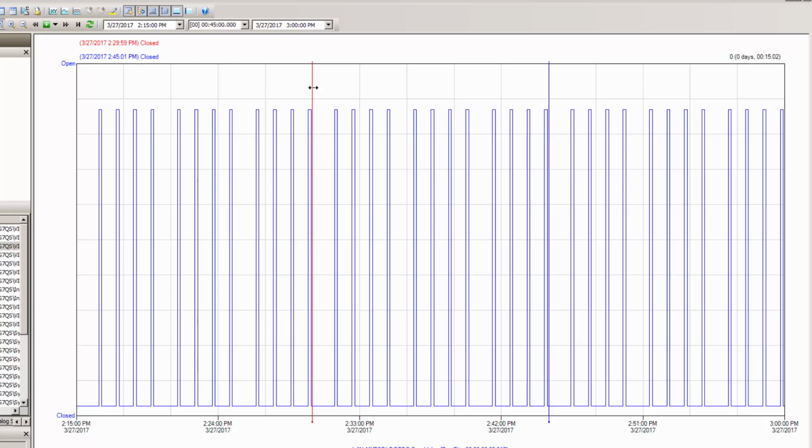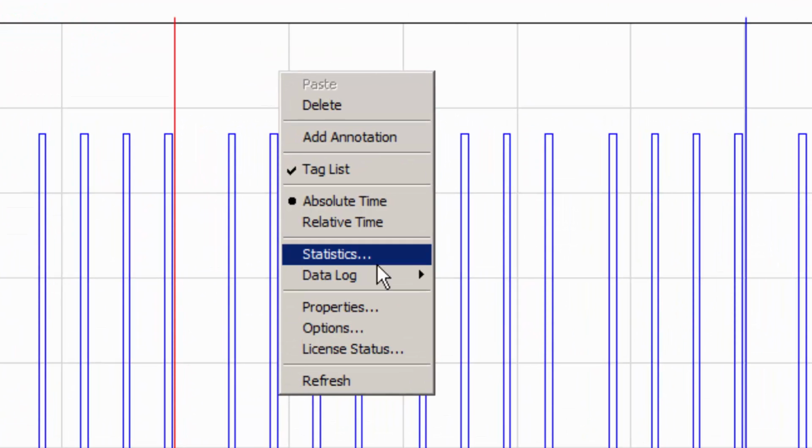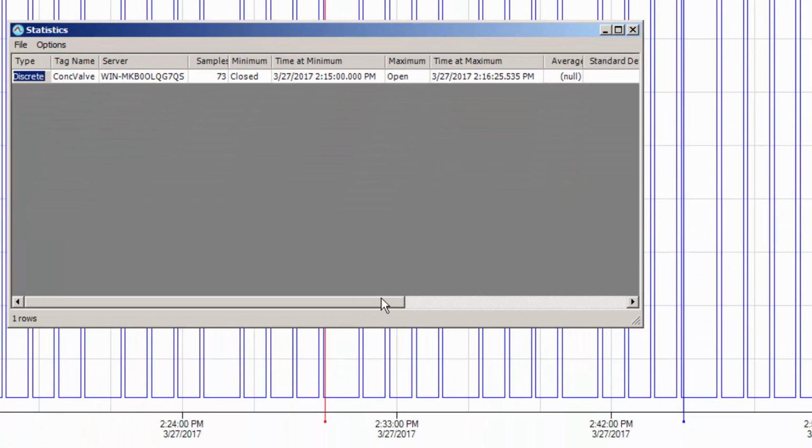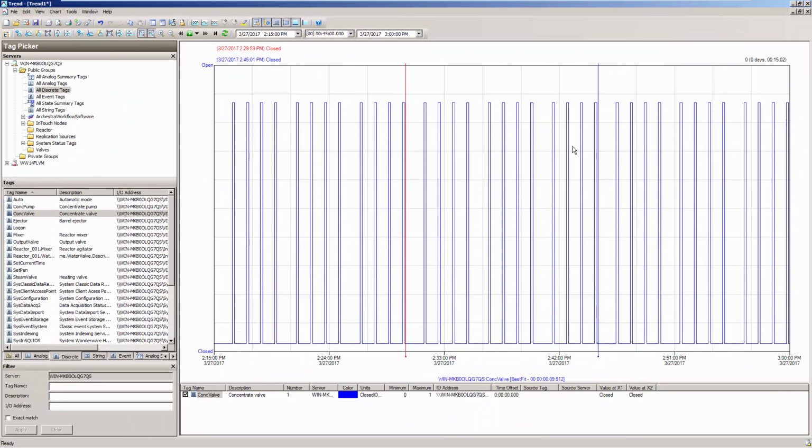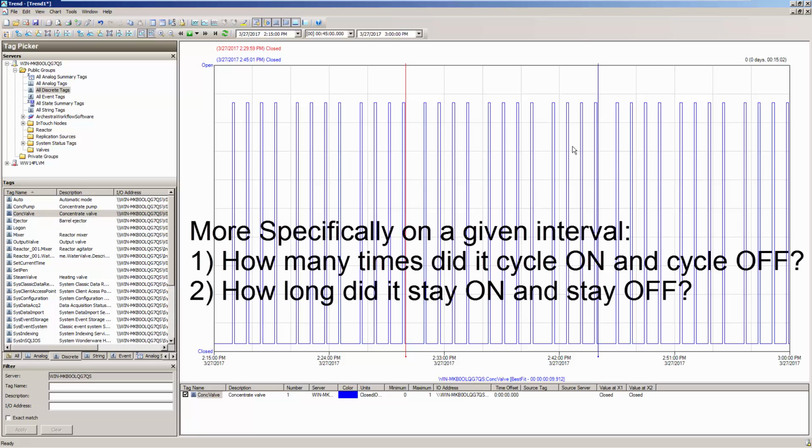Now, to get statistics, there is a statistic function in the trend itself, but in this scenario, it doesn't necessarily tell me exactly what I'm looking for. I want to see the individual states of my concentrate valve. I want to see information of when it was on, when it was off. To do that, I would use the Historian Client Query utility rather than the Trend utility.